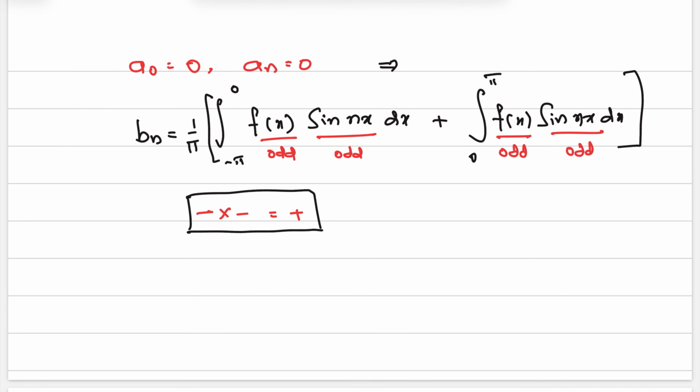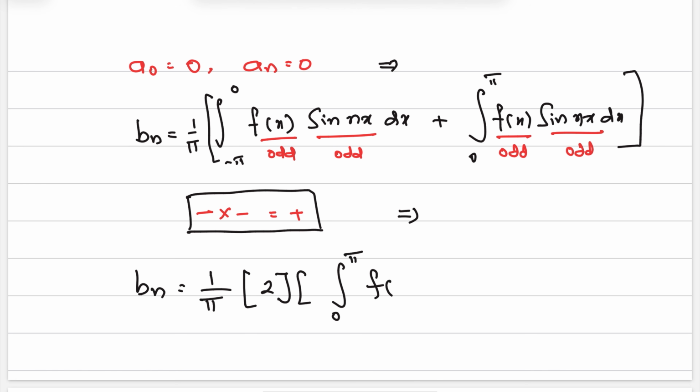So it implies b n is equal to 1 by pi into 2 into the integral 0 to pi f(x) sin nx dx.